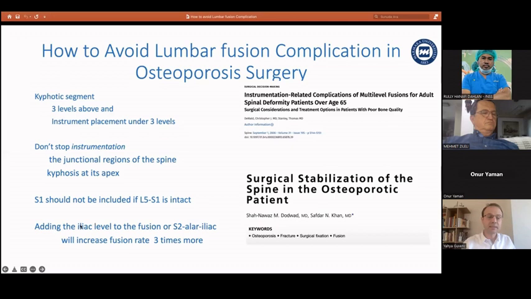So if we must go to S1, we put an interbody graft between L5 and S1, and sometimes we add iliac screws and sometimes S2 screws, because we know if we go to the iliac and S2, the fusion rate is 3 times more than in the other parts in osteoporosis patients.